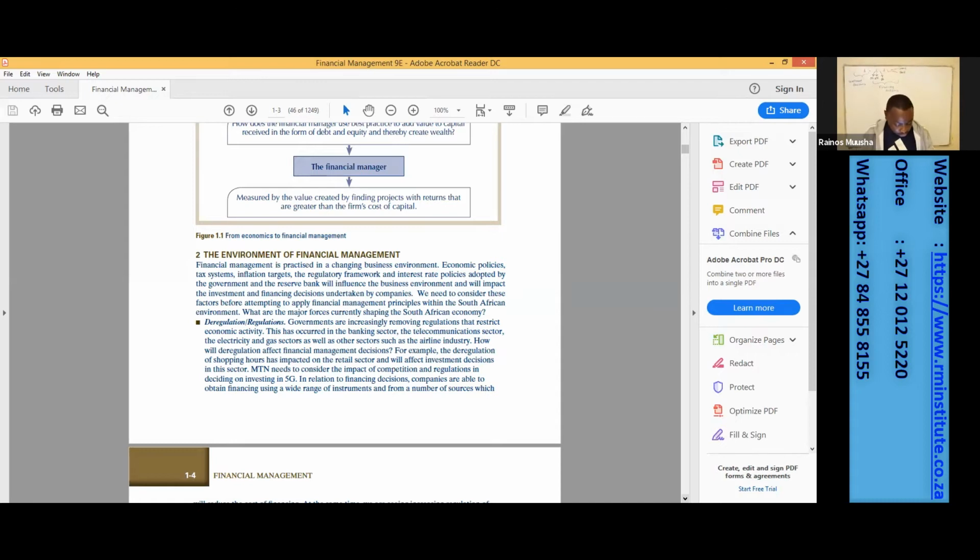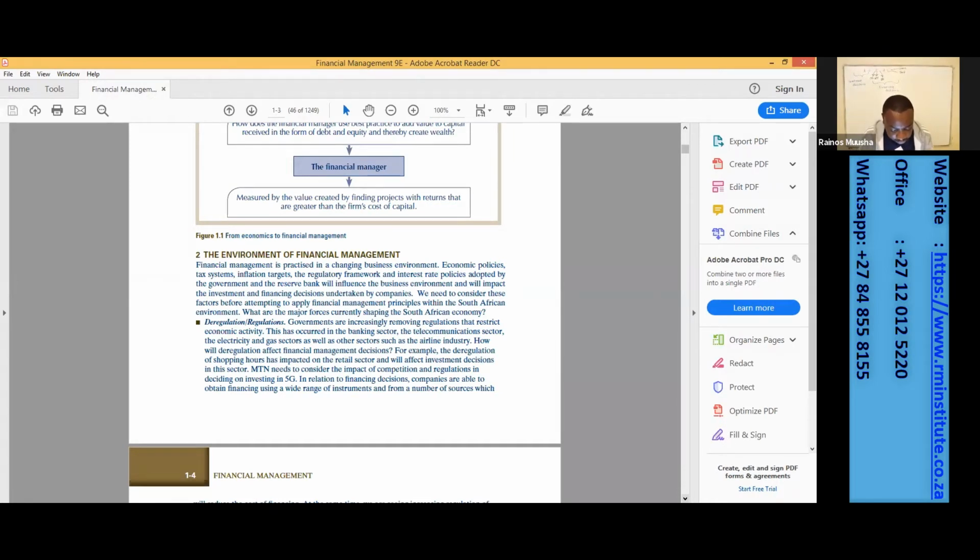So I'm just going to quickly brush through the developments, but I wouldn't spend a lot of your time practicing it, mainly because it's not highly examinable. I've never seen the lecturer ask questions based on something like that. If ever it comes, maybe it can come in assignments, but not necessarily from an examination perspective.